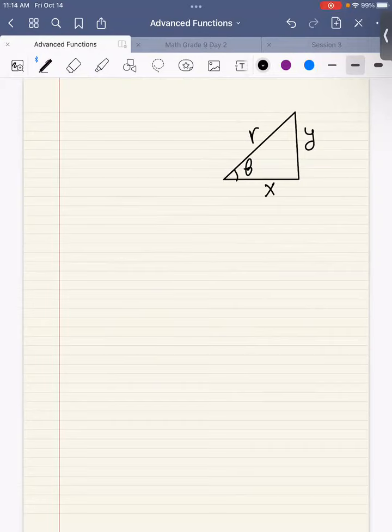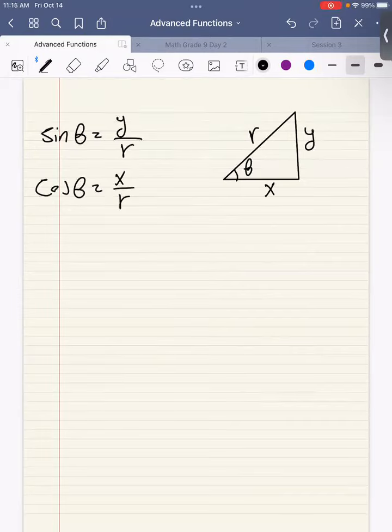So in this setting, we know that sine of theta is equal to y divided by r, and cosine of theta is equal to x divided by r, right?